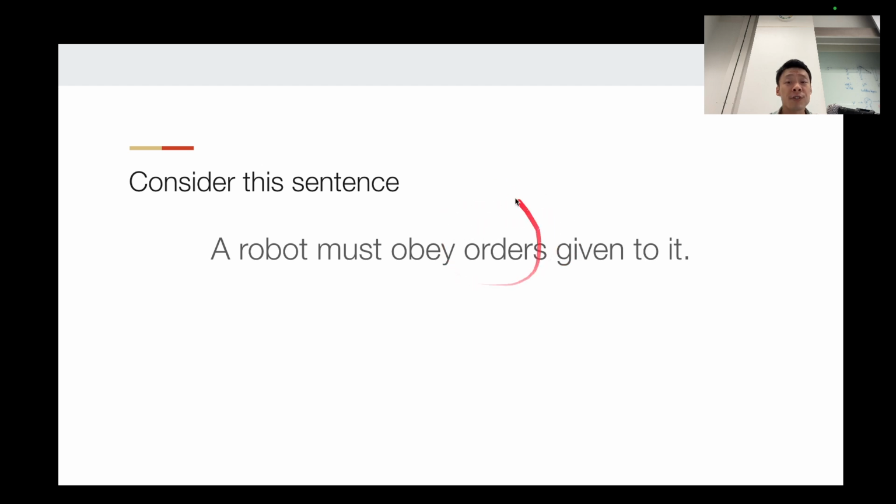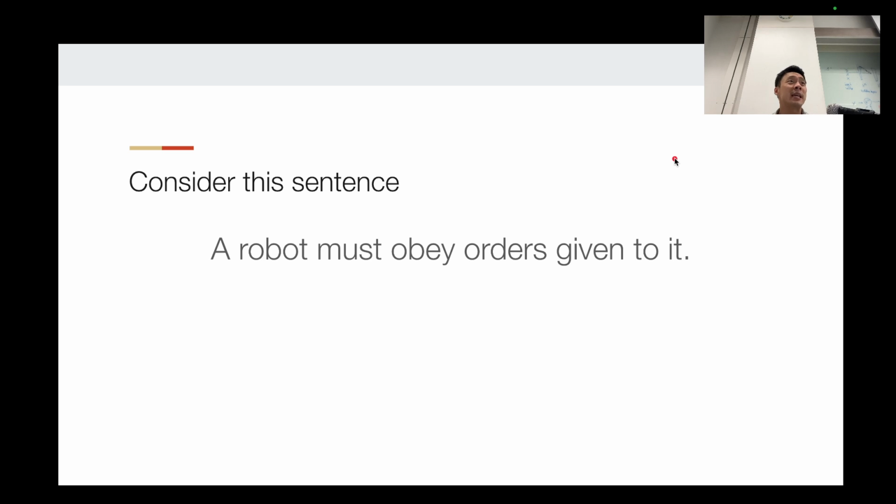Orders is an object of obey, right? One more, given. This is also very, very English. So given, where's the object? Orders, right? That's a direct object, and it is an indirect object. So to understand this word, you need to know the indirect object and the direct object.